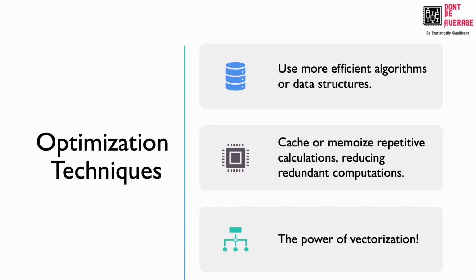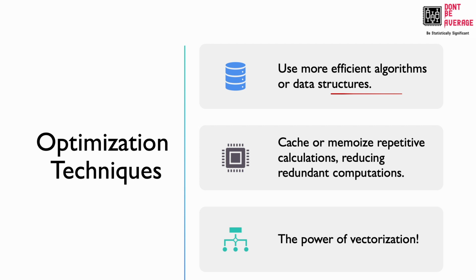Now once we have identified the slow parts, it's time to optimize the code. There are different optimization techniques that we can try. One thing we can try is to use more efficient algorithms or data structures, such as an algorithm that internally uses multi-processing, or a different kind of data structure that is more efficient in terms of performance.